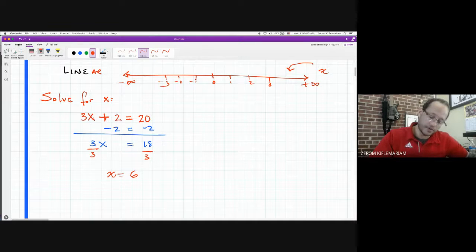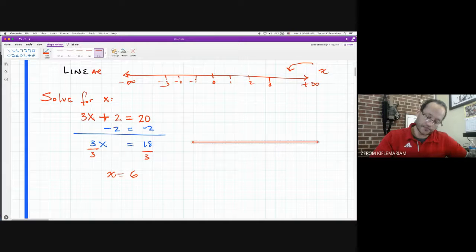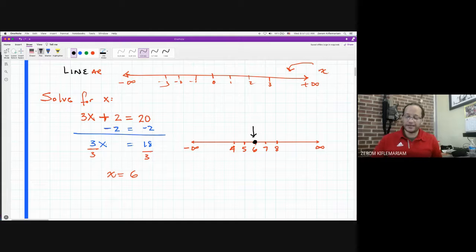Meaning, if I'm looking at a number line called x, it goes from negative infinity to positive infinity. If I have, let's say, 4, 5, 6, 7, 8, my answer is when x is equal to 6, because if I plug in any number on the left or on the right, the statement would be either true or false.